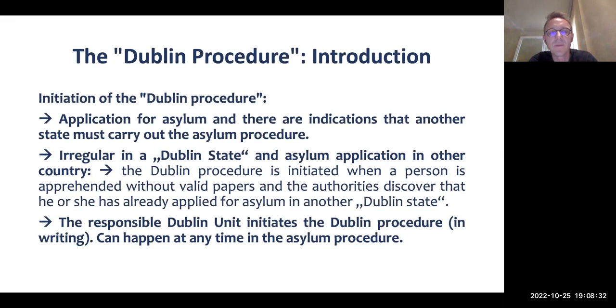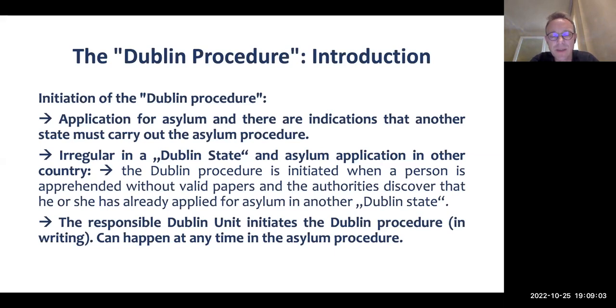So yeah, what is important to note here is that an asylum application can always be made in only one country. And that's what we are doing in this asylum application and Dublin application system.